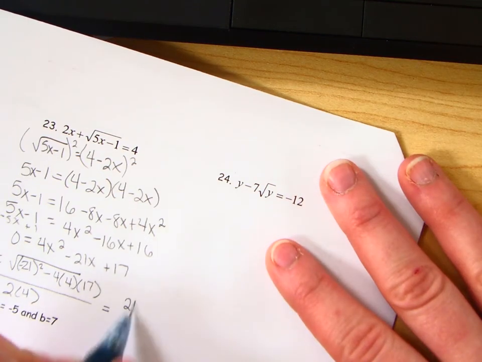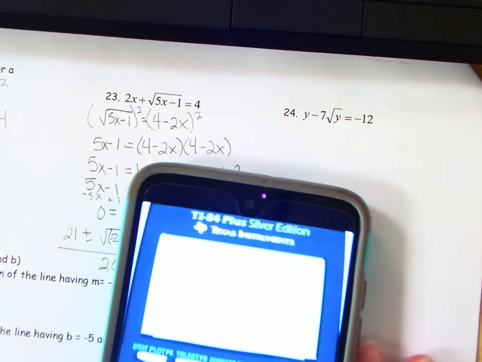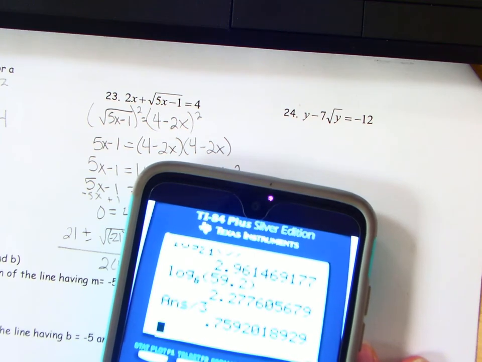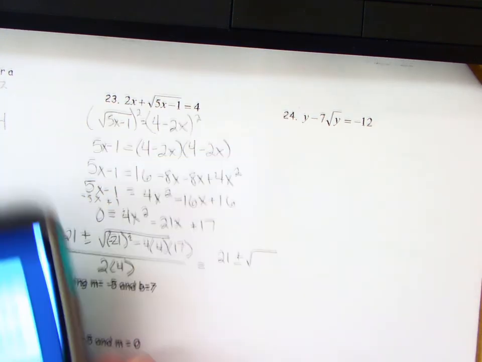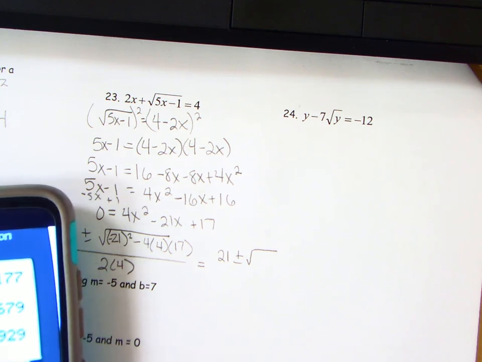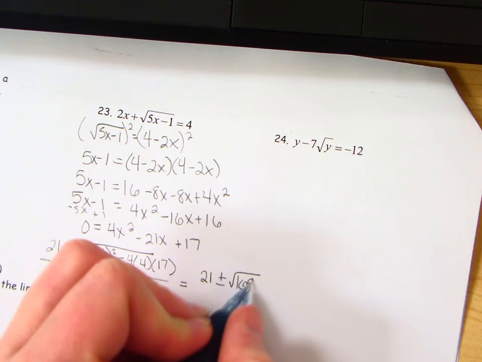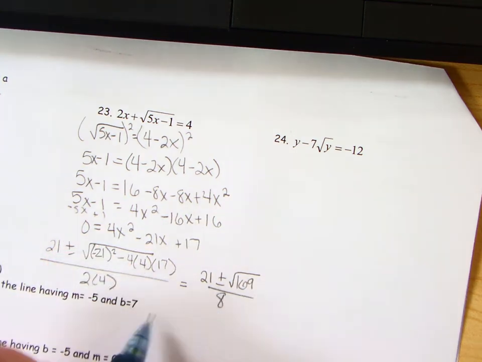Okay, let's keep working that out. So it's 21 plus or minus the square root of 21 squared minus 4 times a times c, square root of 169, all over 8.